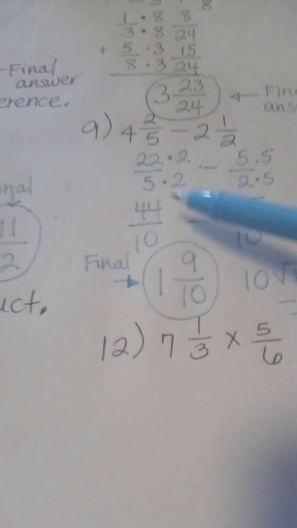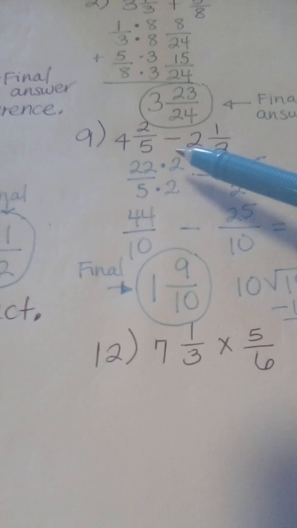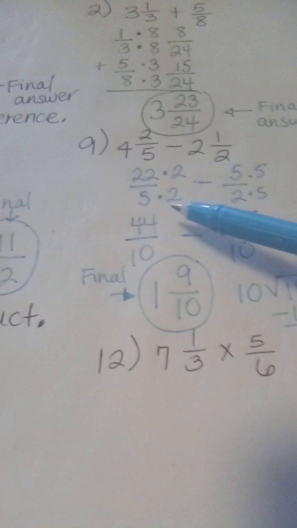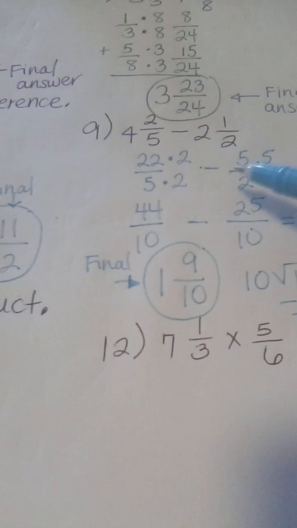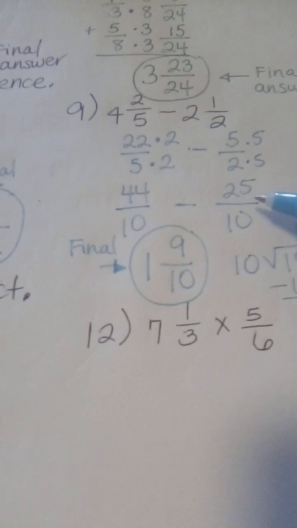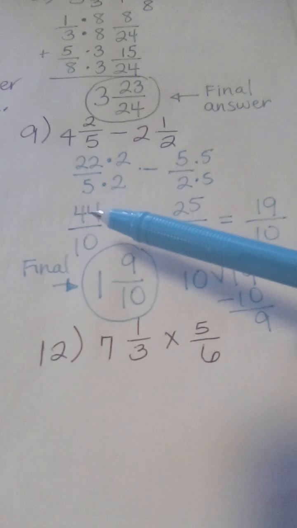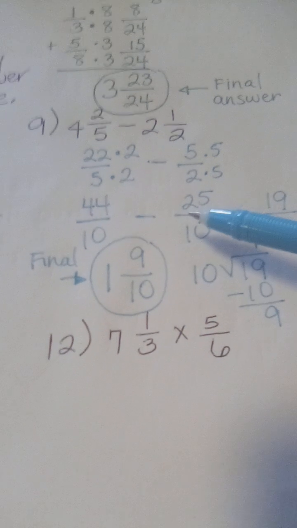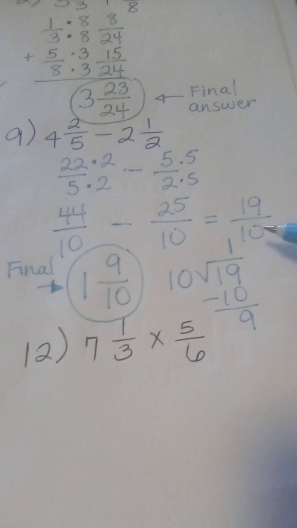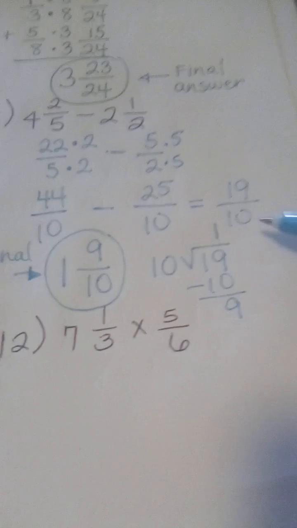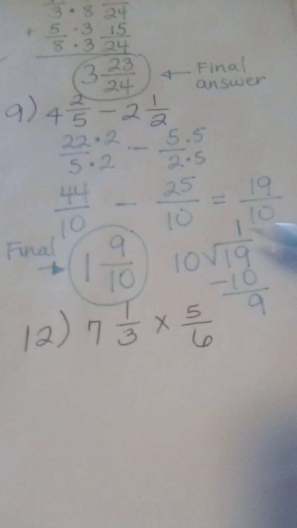In this case it is 10. Then you do the work on one side, the first part is 2 multiplied by 2, the second part by 5, and what's left over is 44 minus 25.